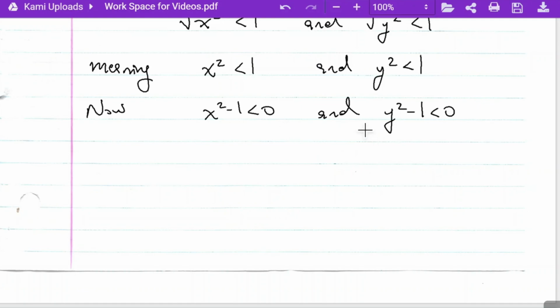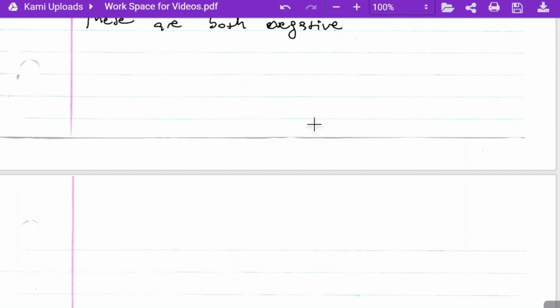So these are two negative numbers. These are both negative. Meaning, we have (x squared minus 1) times (y squared minus 1). This has to be positive because a negative number times a negative number gives me a positive number.